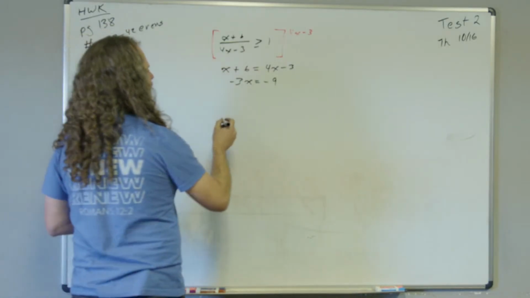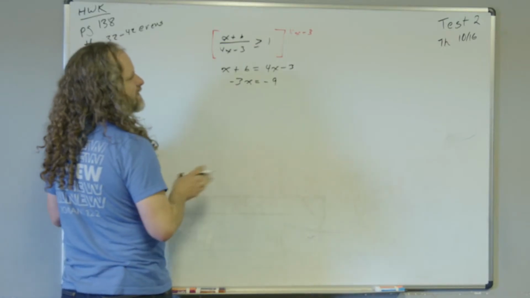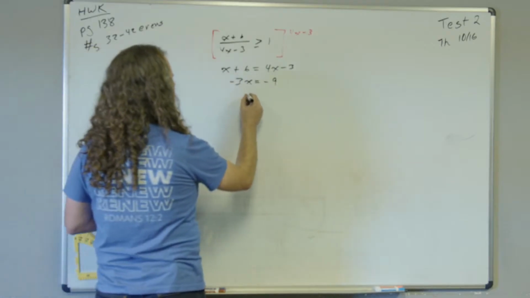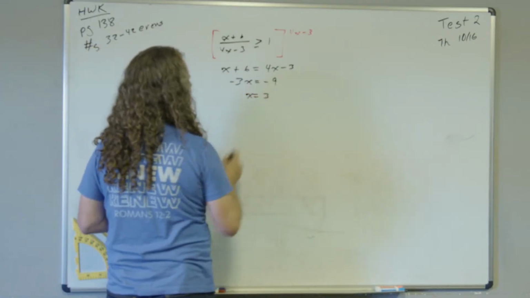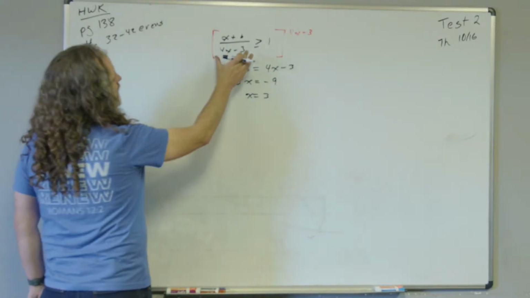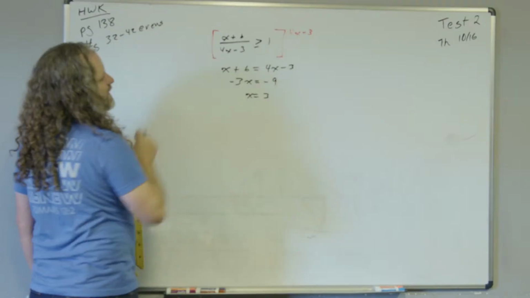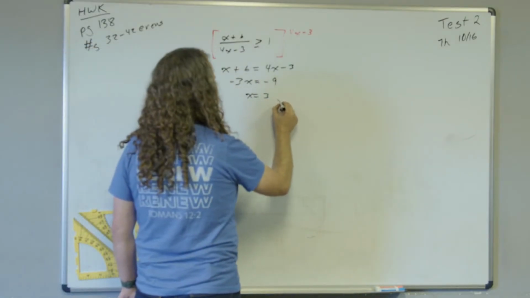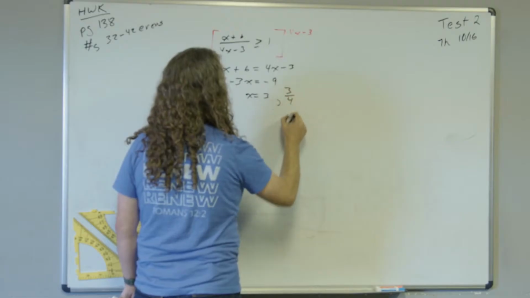Anyway, divide by negative 3, x equals positive 3. So we have one critical point. No, we don't. We have two critical points, because we have the one that would be when we set the denominator equal to 0. So our critical points are 3 and 3/4.